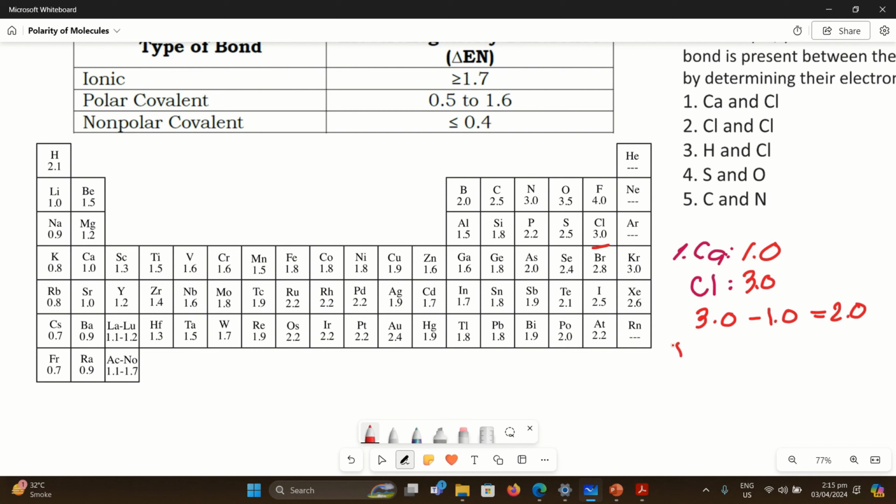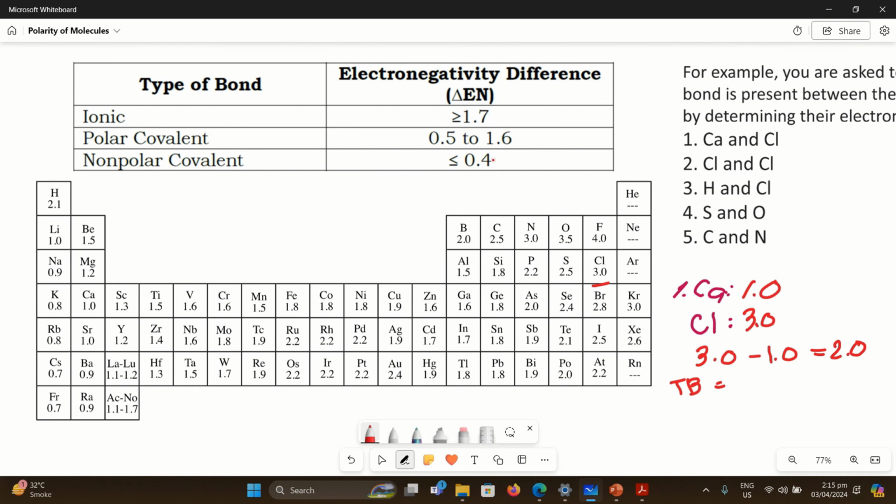What is the type of bond? This is the basis, the one I mentioned earlier on determining what type of bond. We have 2.0 that is greater than 1.7. It means it is ionic bond.